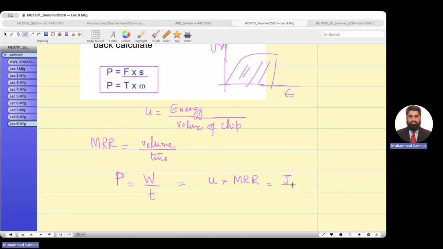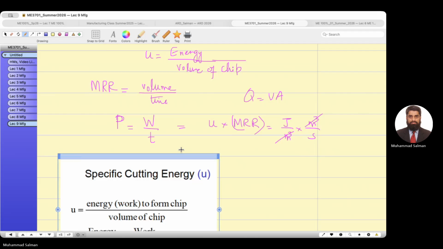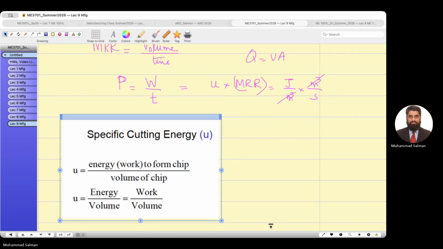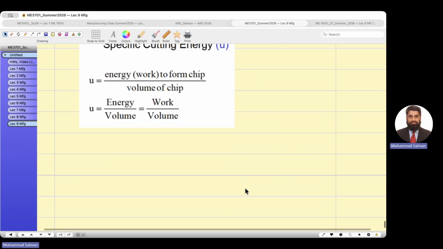So I would say joules per meter cubed times meter cubed per second, because MRR is Q, which is velocity times area, and this is in watts. So make sure you understand this formula here. Energy per unit volume is U: energy to form the chip divided by volume of the chip, work per unit volume.